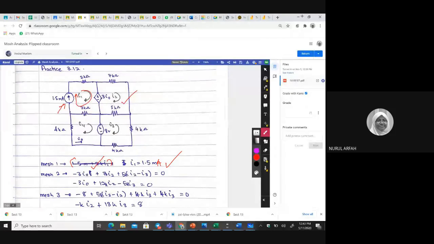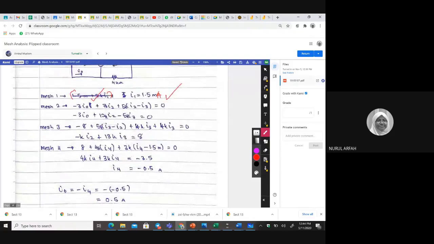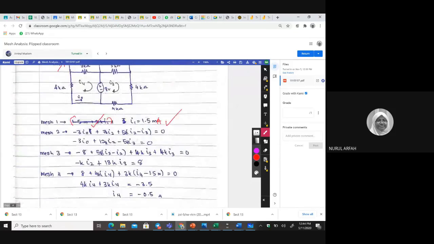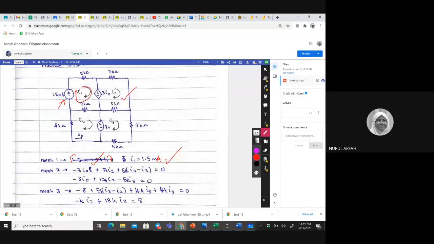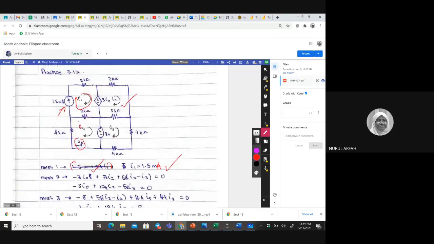Mesh 2, where's mesh 2? Okay, here. You have negative 3 I node, tapi question nya adalah to find I node. Betul ke? To find I node. Where is I node? I node is here. So, since I node is here, and you know that I node is in opposite direction of I4. This is I4. So you should apply the equation dekat sini je.